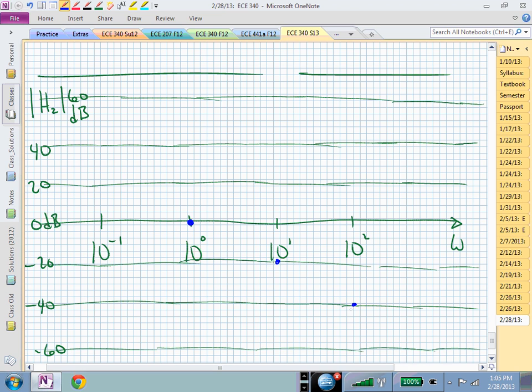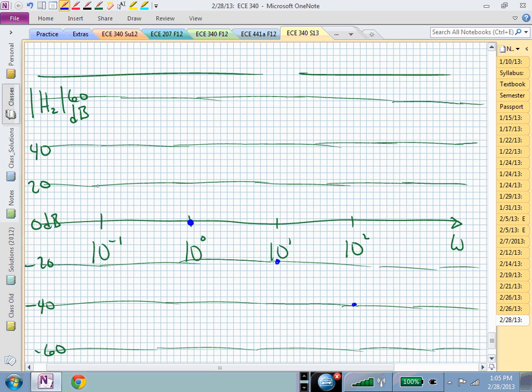What do I do to the left, or for lower frequencies? Is it flat? No, that's what I'm trying to make sure you're clear on. This thing never breaks. If we go a decade to the left, or lower in frequency than 1, we're at 0.1, but now our magnitude was sloping down, so this one actually needs to be 20 higher than it was at 1.